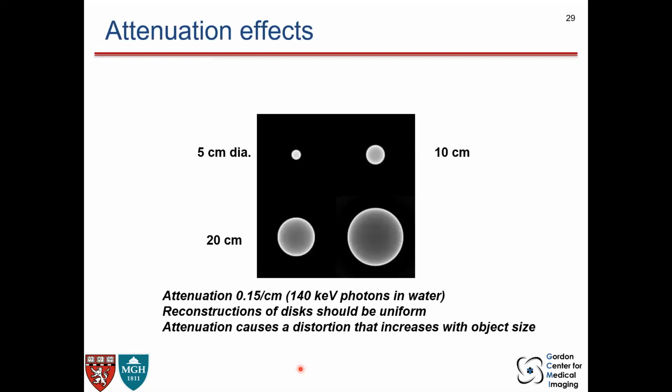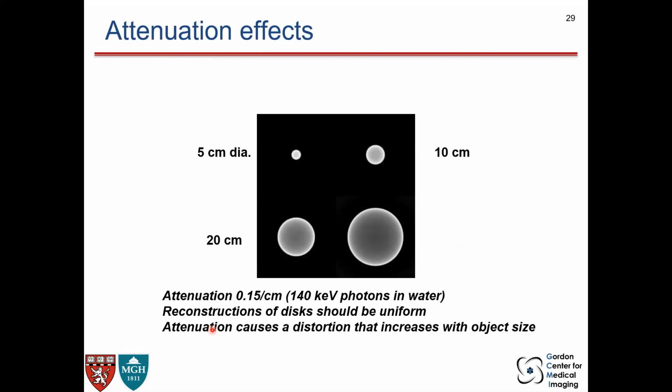And typically, if you don't do this, the attenuation causes a distortion that increases with the object size. If you have a small patient compared to a large patient, the attenuation effect is going to be different.